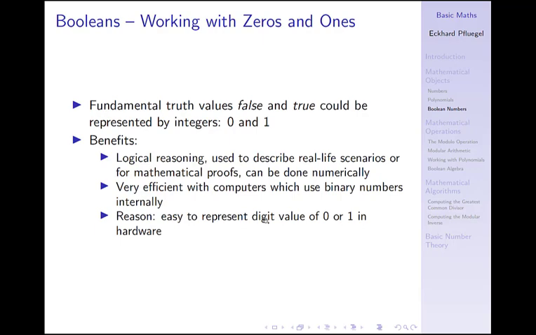So we have a very interesting map between the logic and truth values on the one hand, and on the other hand, simply the numbers 0 and 1.